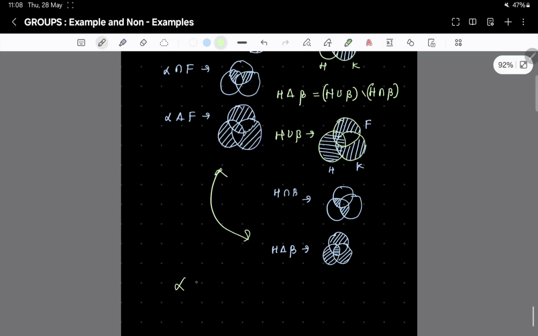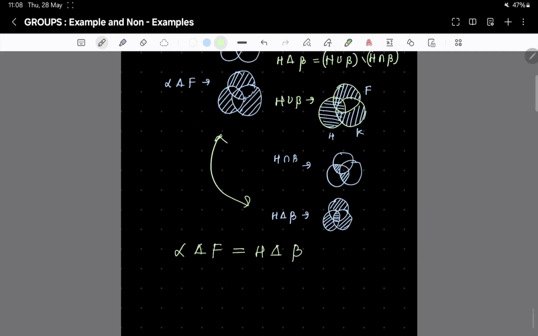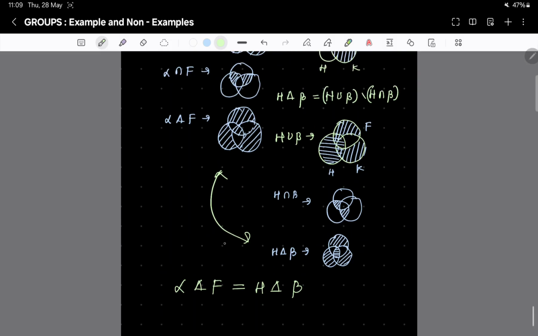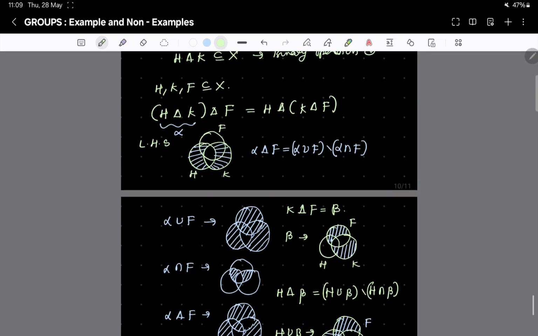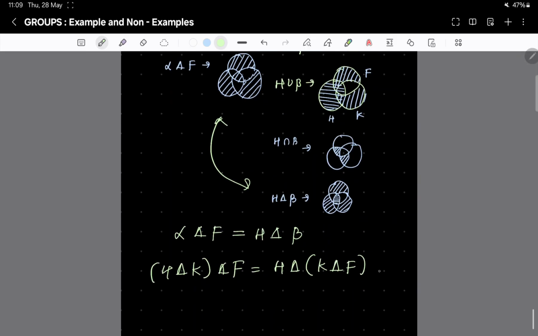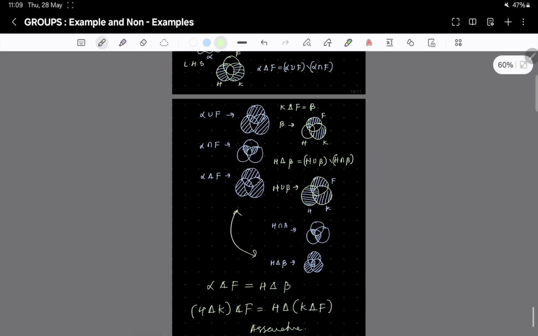So alpha delta F is equal to H delta beta, or simply H delta K delta F is equal to H delta K delta F, right. So it is associative. So this becomes a group.